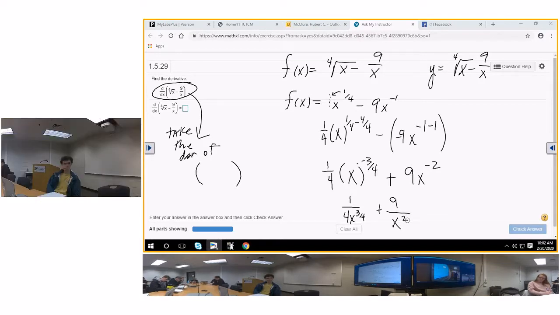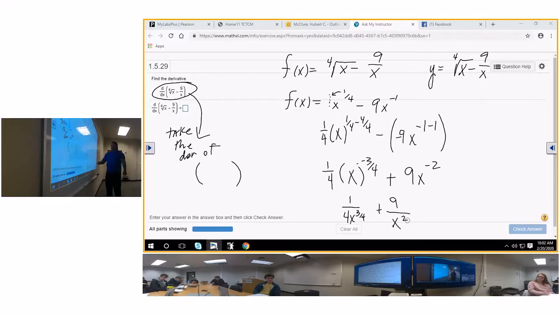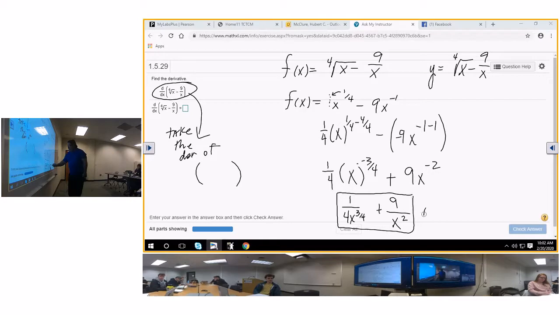Now that could be the answer. Or 1 over 4 times the 4th root of x to the 3rd power plus 9 over x squared.